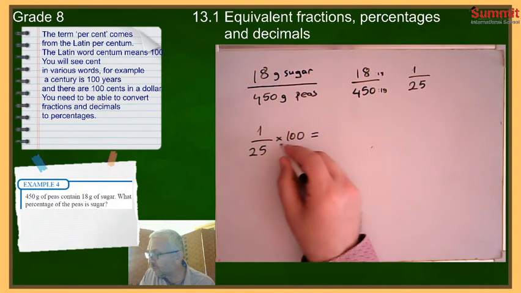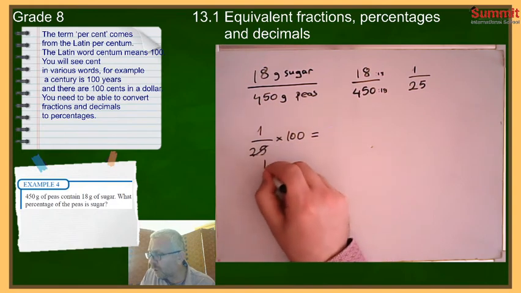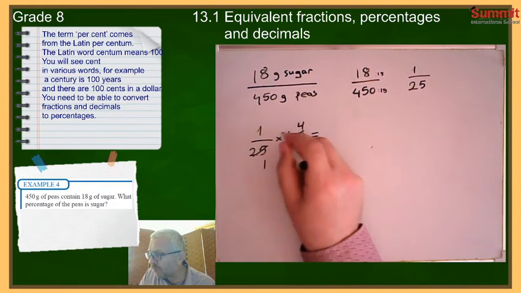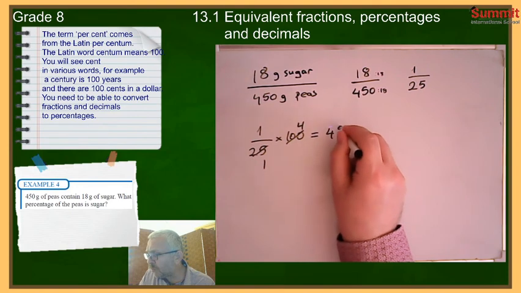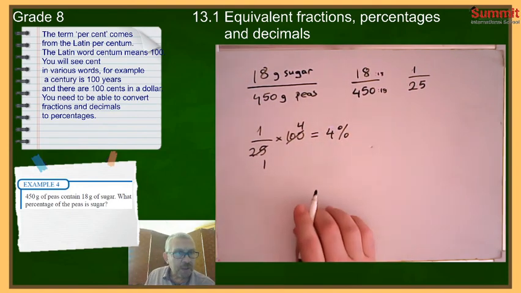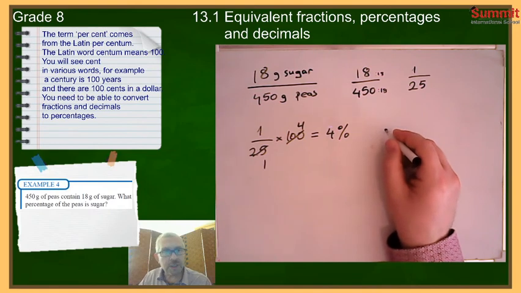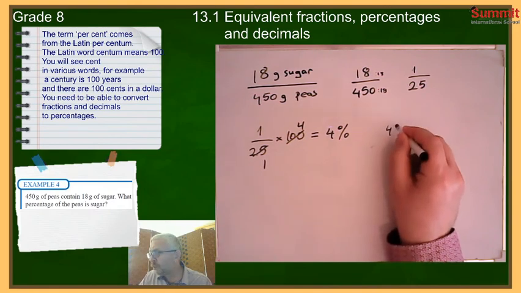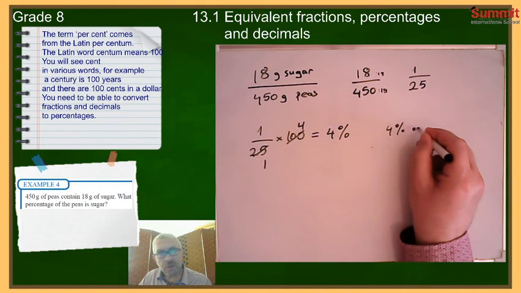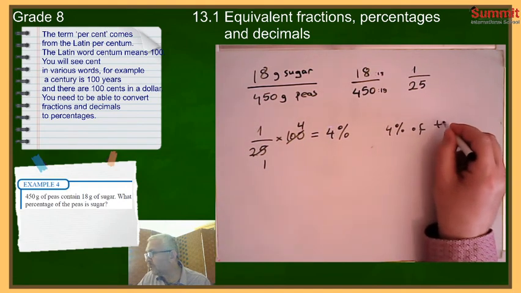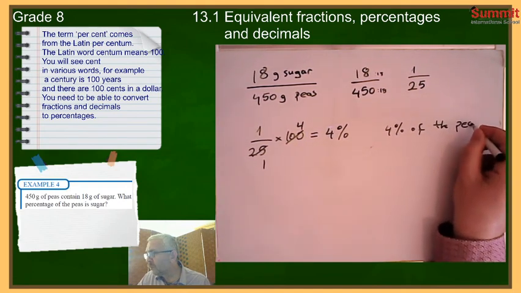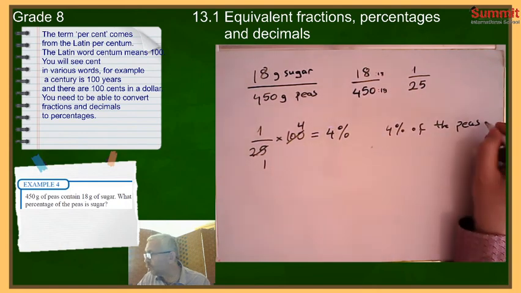Making simplification, 100 divided by 25 is 4, and 1 multiplied by 4 is 4%. So 4% of the peas is sugar. We can write here: 4% of the peas is sugar.